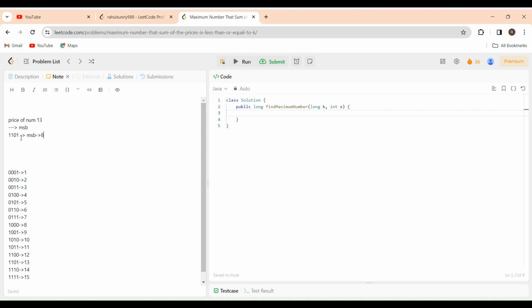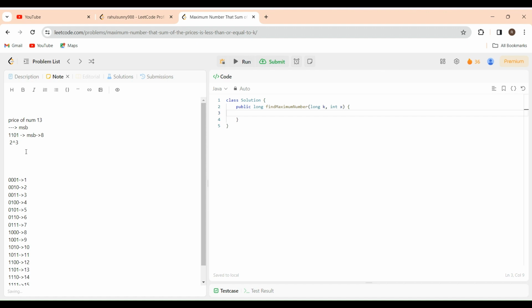Now how to find 8? We know that these all are powers of two: 2 to the power of 0, 2 to the power of 1, 2 to the power of 2, 2 to the power of 3. So the most significant bit power will be 2 to the power of 3.